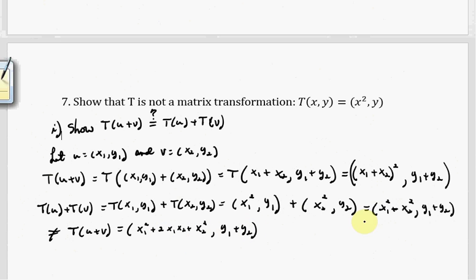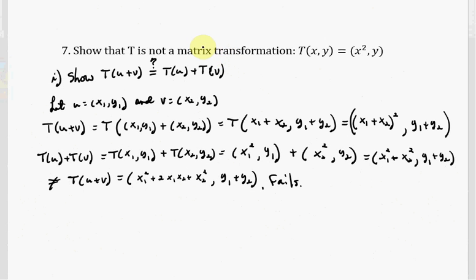This is not the same as that. That part fails. So on the test, if you get one part that fails, then you say, hey, it's not a transformation, and you're done, right? You can even show the second one only if it fails, whichever is quicker to show.